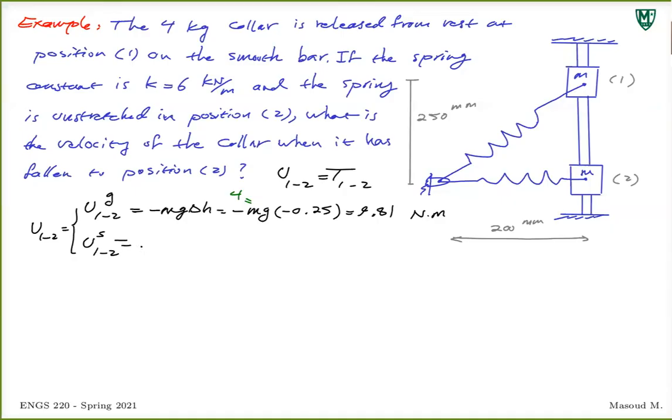All right, so gravity was the easy one. Let's do the spring. Minus 1/2 K (S2 squared minus S1 squared). Now, K is given, not a big deal there. Let's see, what are S1 and S2?